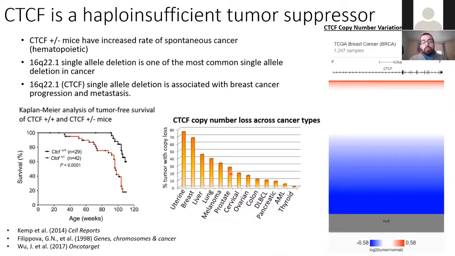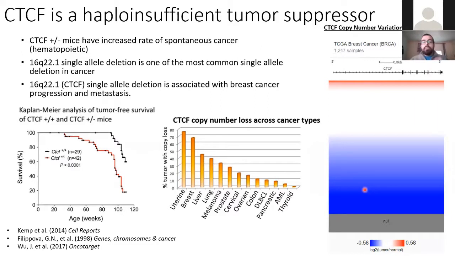increased rate of spontaneous cancers, and also in humans, CDCF is found in one of the most common single allele deletions found in cancer. It's found in more than half of all breast tumors, and it's associated with cancer progression and metastasis.